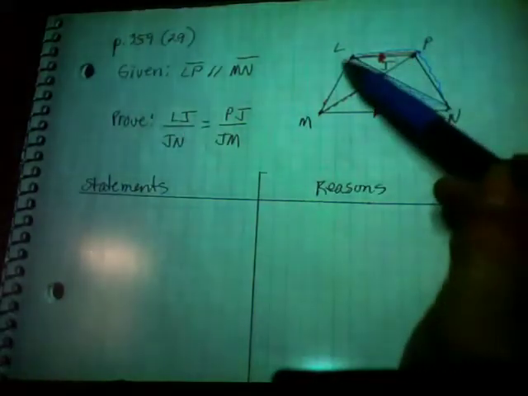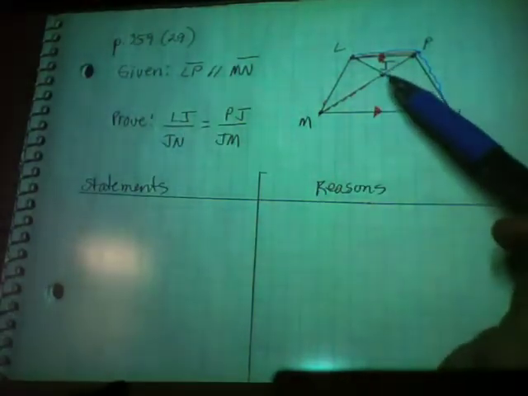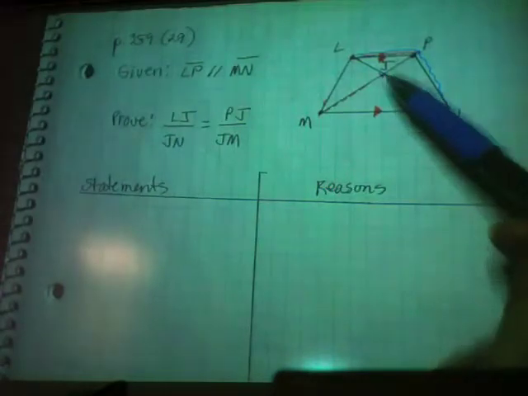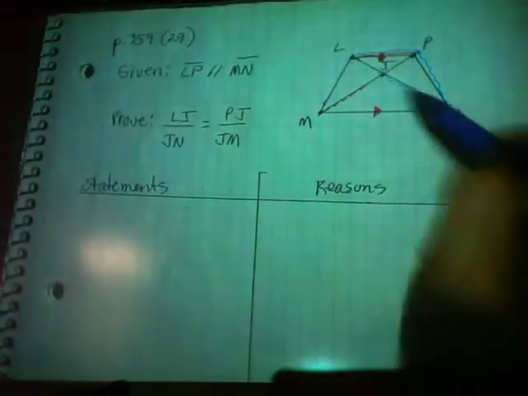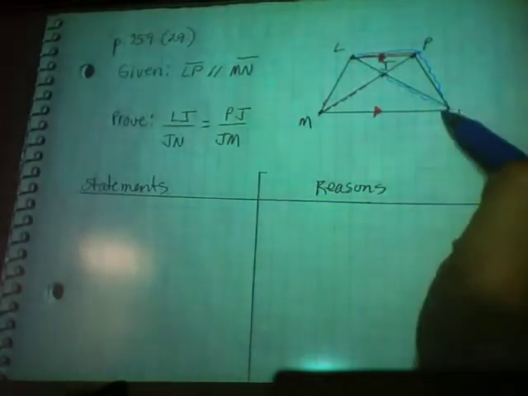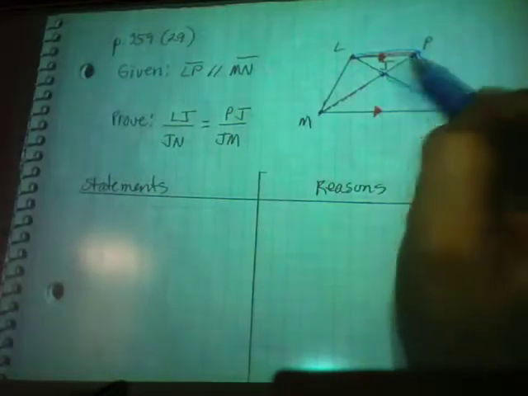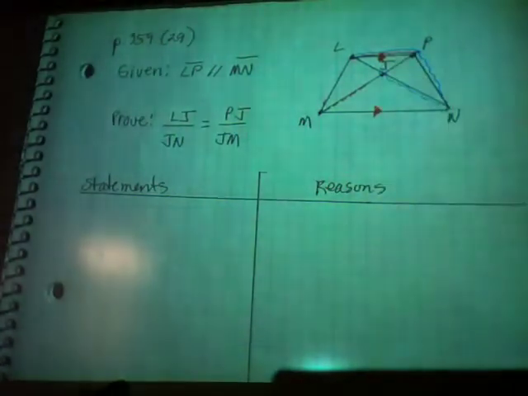LJ. Oh, maybe I looked at the wrong triangles. So LJ belongs here, right? And JN belongs here. PJ is here. And JM is here. So actually, what triangles are we looking at?